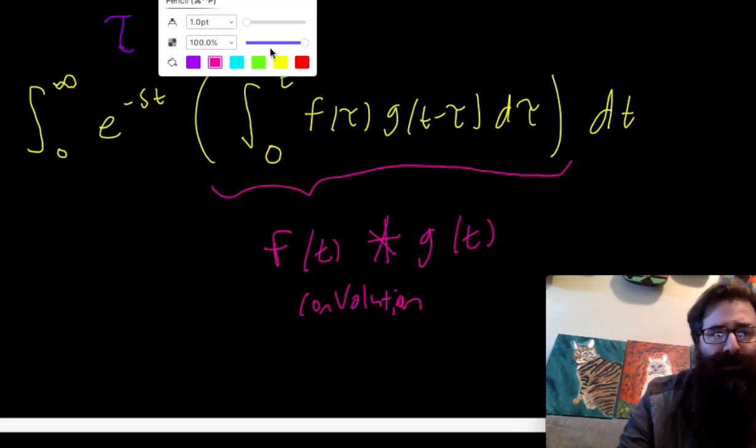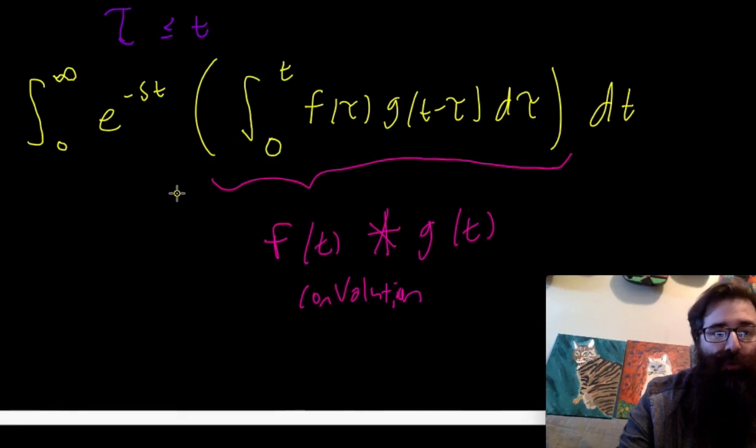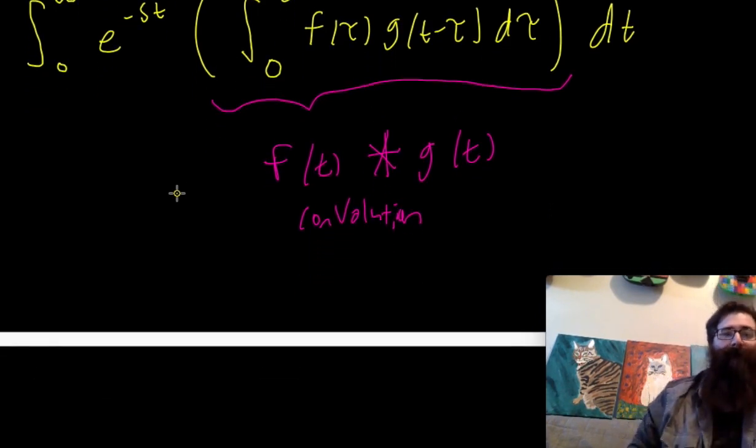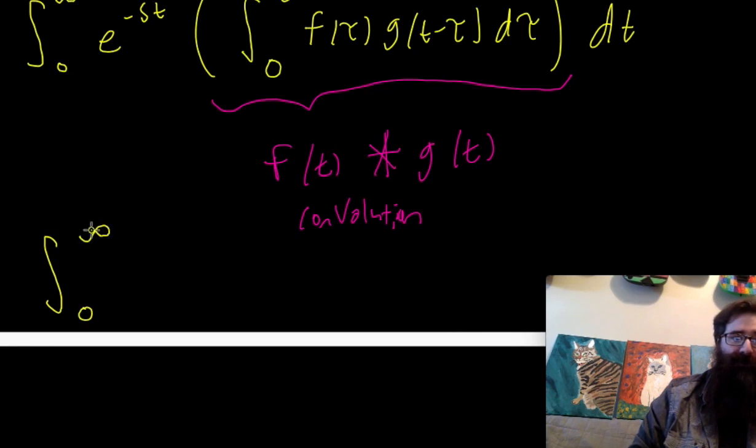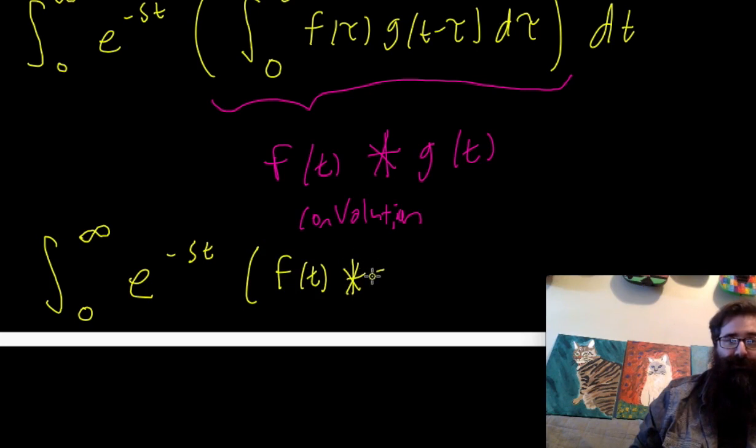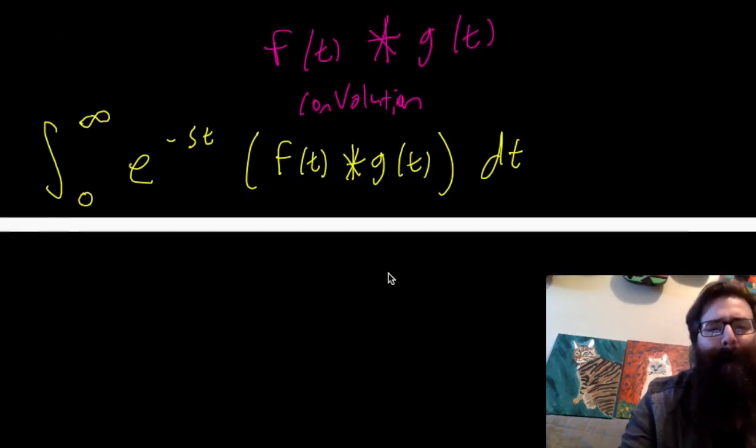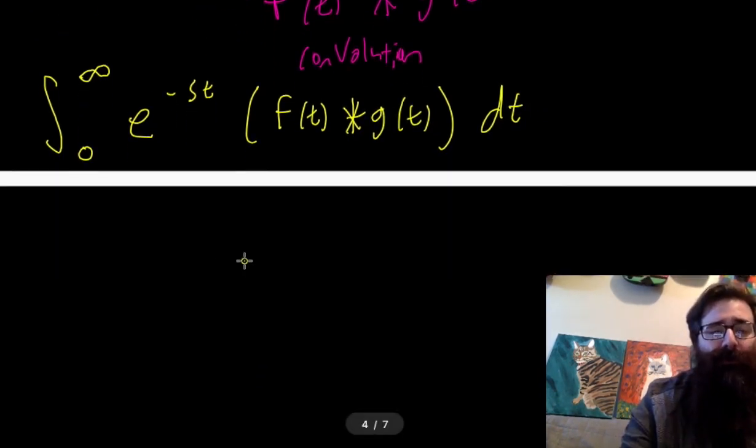So that's very interesting to notice. So what am I actually working with here? Well, I have the integral from 0 to infinity of e to the minus st of f of t star g of t, the convolution, dt. But this should look very familiar as well.